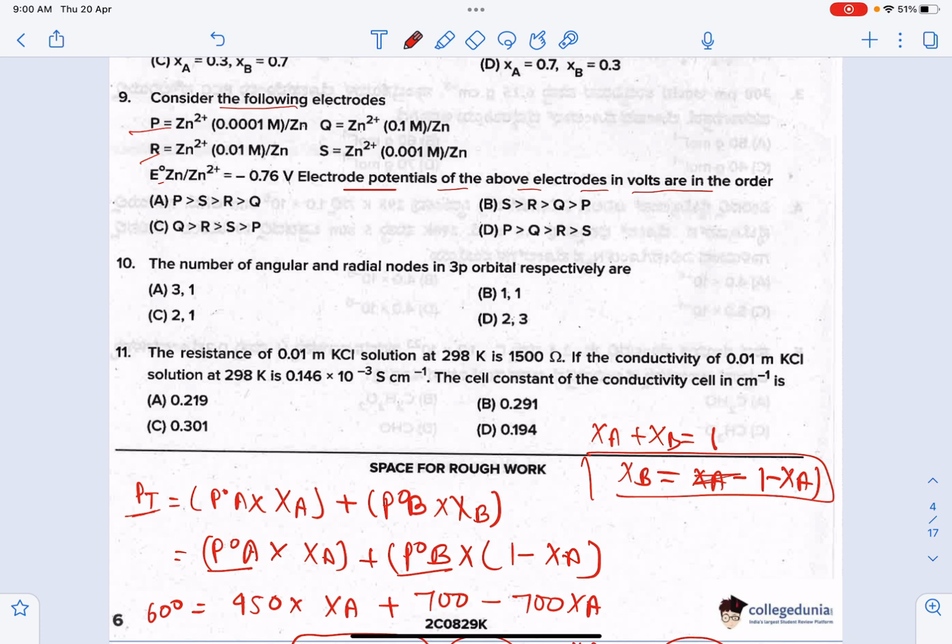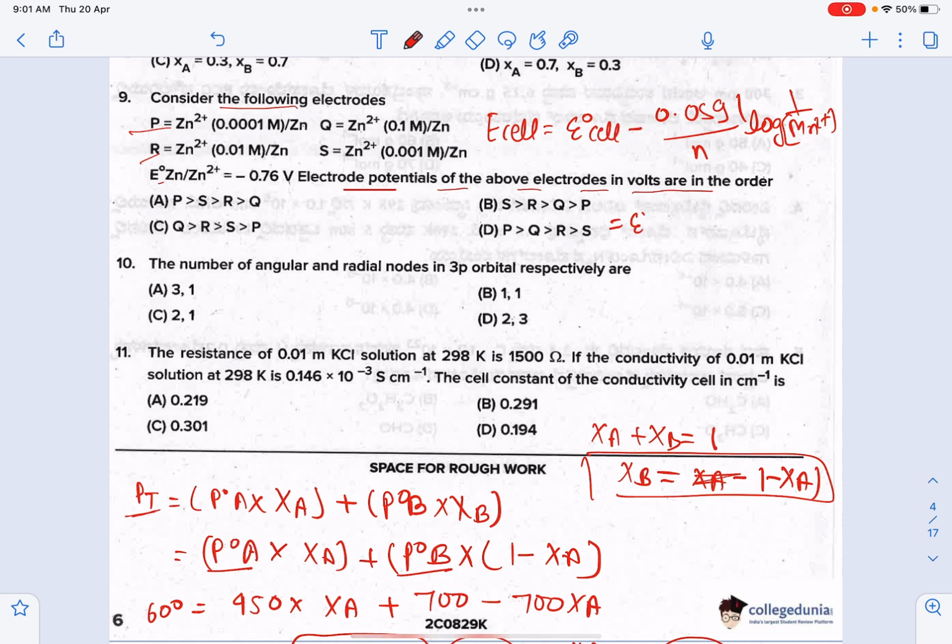As we know from the Nernst equation, E cell is equal to E naught cell plus 0.0591 divided by n log 1 by Mn 2 plus ions. Here it is given as E naught cell with a minus sign.